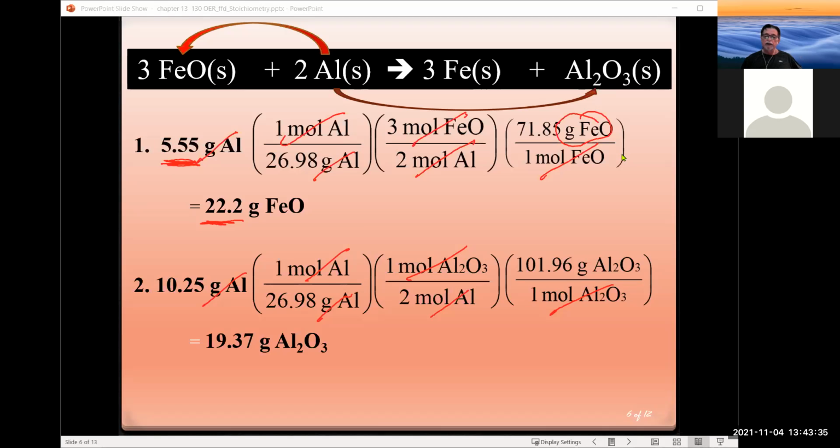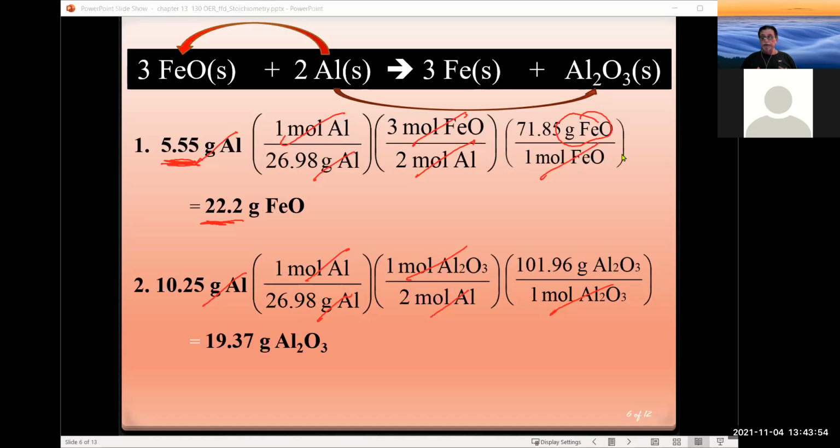And then plug it in there, and we end up with 19.37 grams. So if I start off with 10.25 grams of aluminum, and obviously I'm going to have the iron 3 oxide, a sufficient amount, I should create 19.37 grams of aluminum oxide. Okay.